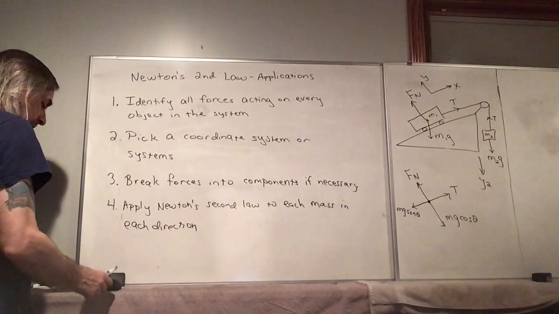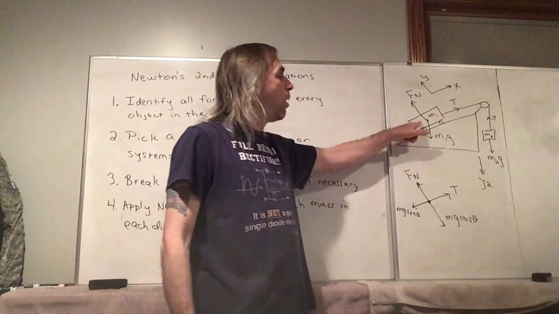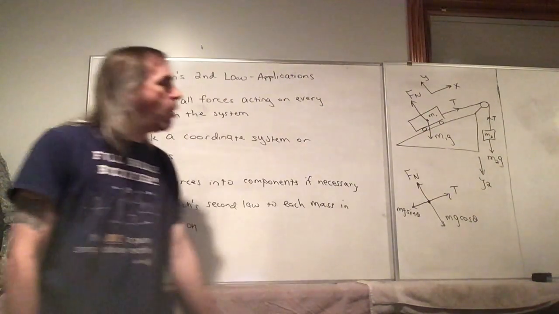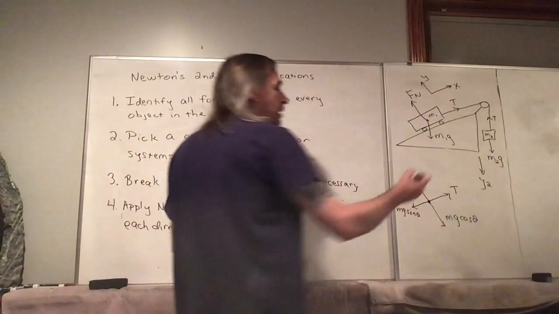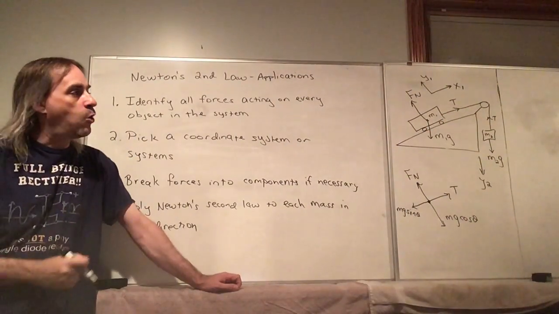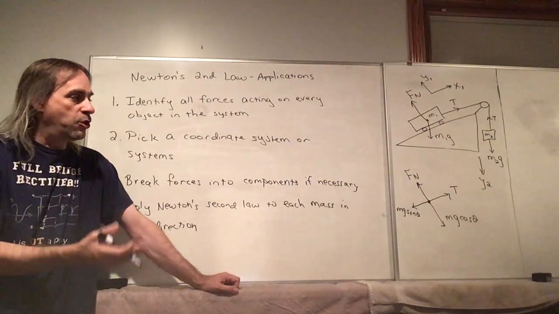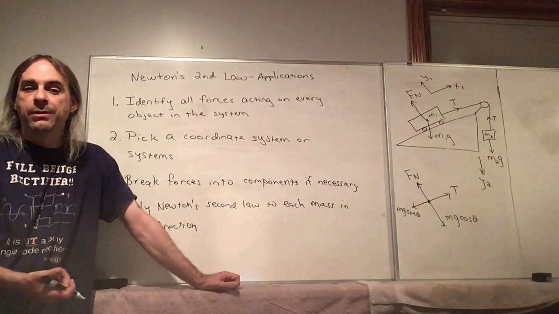Okay, so what this means, we're going to have three equations here. If we look at mass 1, we have things going on in both the x, let's call this x1 and y1 directions. For mass 2, we don't have an x2 because we don't need one.